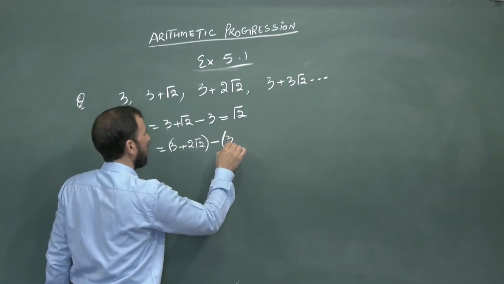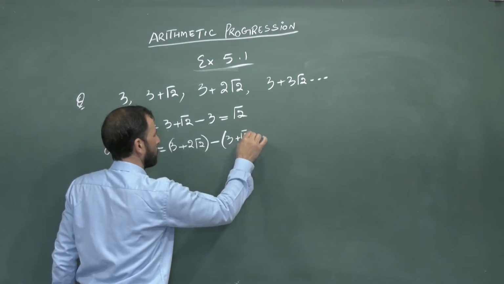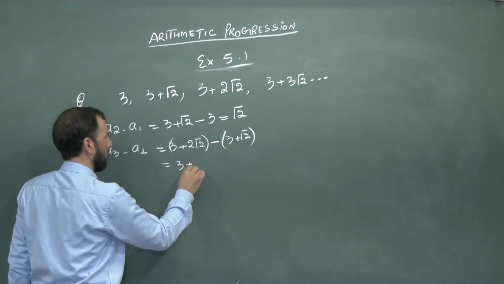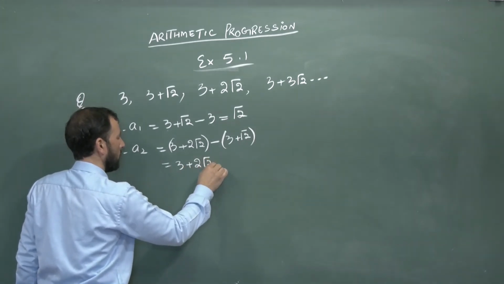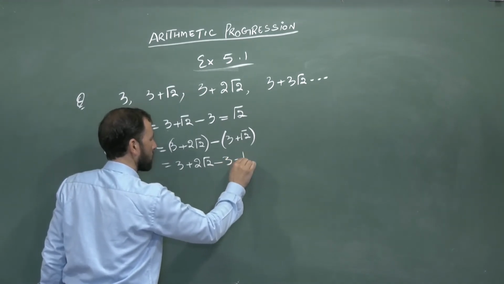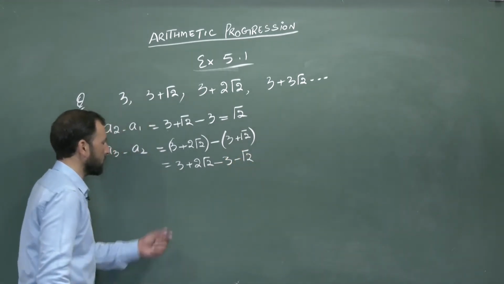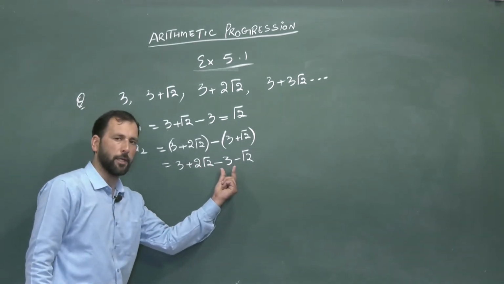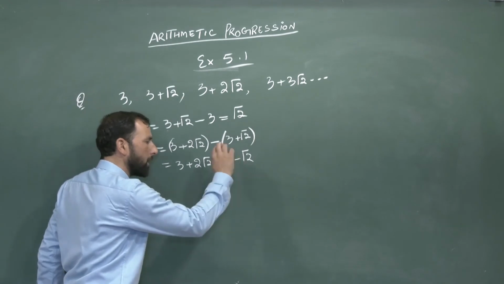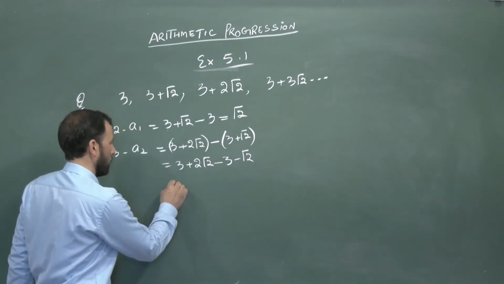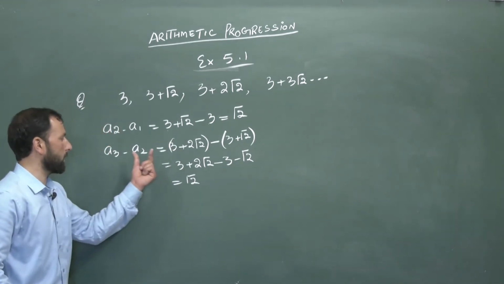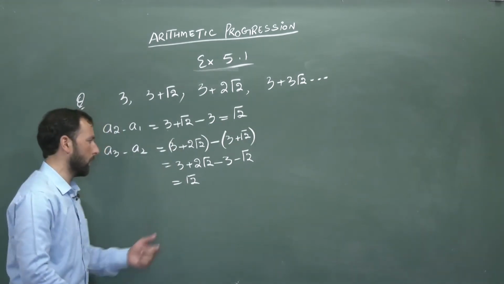It is 3 plus square root of 2. When we simplify this, we get 3 plus 2 square root 2, and we multiply both the terms with the negative, it is minus 3 and minus square root of 2. So this positive 3 cancels with the negative 3, then this is 2 times square root 2 minus 1 times square root 2 equals to square root of 2. So a3 minus a2 is also equal to square root of 2.